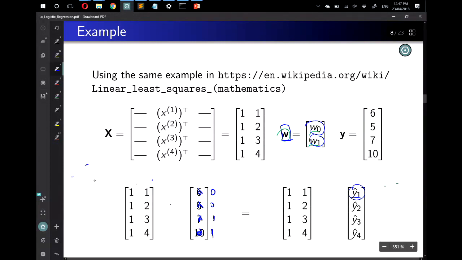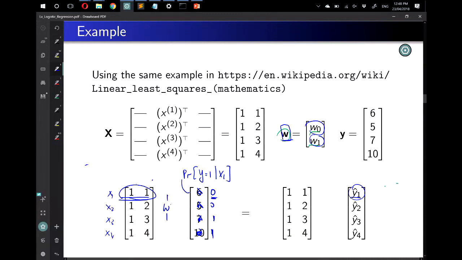Again, I have a parameter w. So this is our x1, x2, x3, and x4. For x1, I observe 0. So I can estimate the probability that for this x1, y equal to 1.